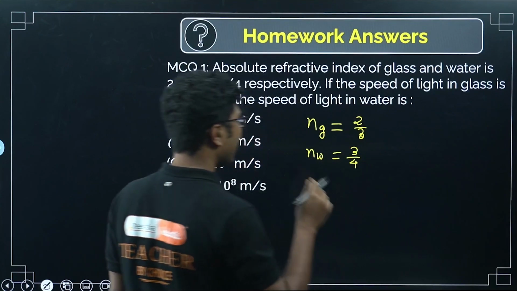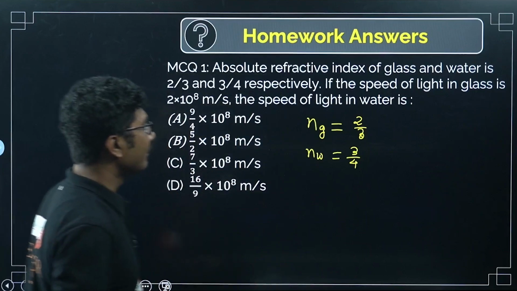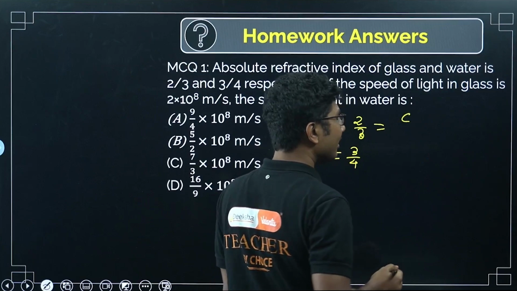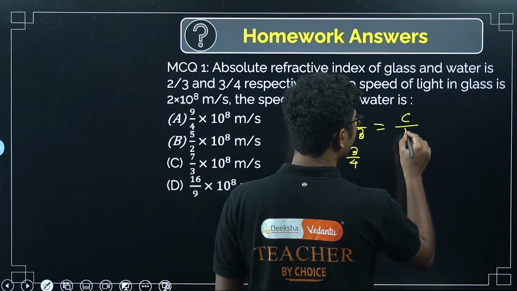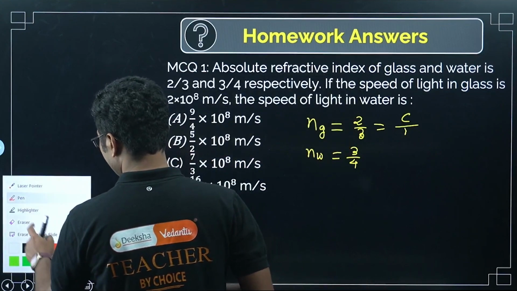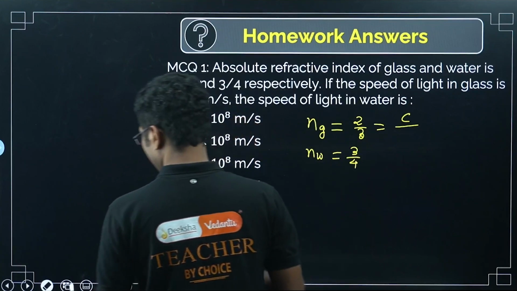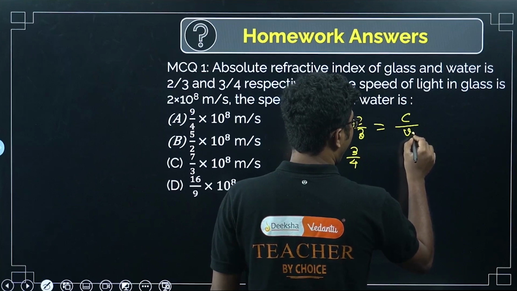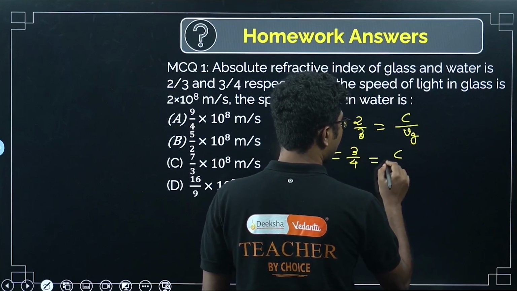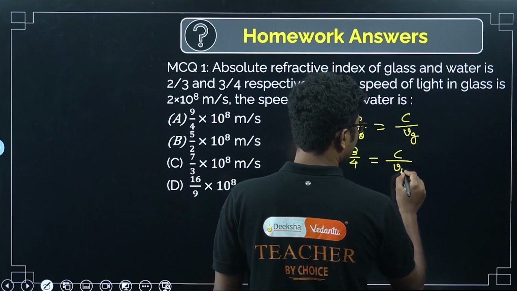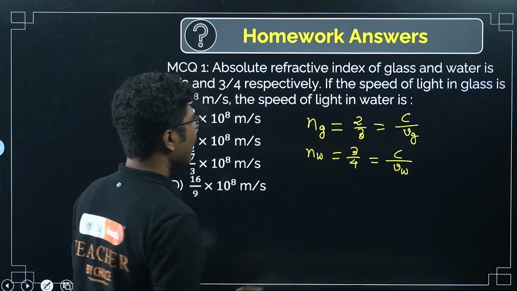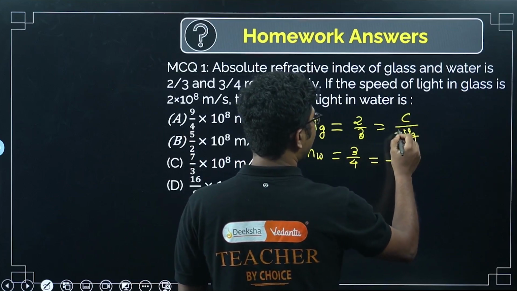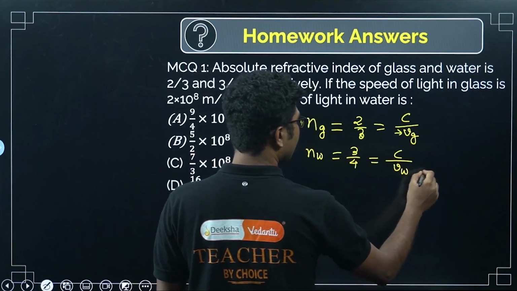The refractive index of water is 3/4. Now we know that absolute refractive index is nothing but the speed of light in free space divided by the speed of light in that particular medium, right? Similarly, for water it will be C by Vw. The speed of light in glass is given, and you are supposed to find Vw.